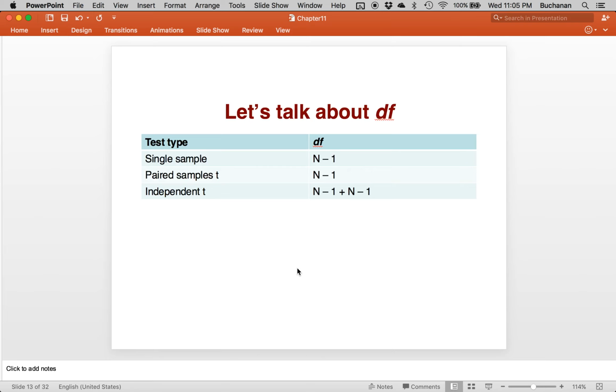Now with degrees of freedom, it's been n minus 1 all year. N minus 1, n minus 1, n minus 1. So single sample is still n minus 1. Paired samples is n minus 1. So don't forget, with paired samples t, you have one group of people tested twice. So be very careful, because we import them the same in R, that you understand that that's one group of people. It's 8 rows, and each person has 2 scores.